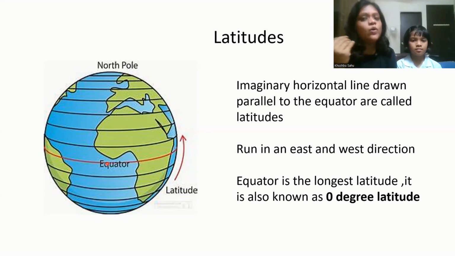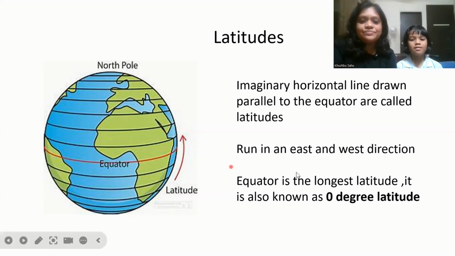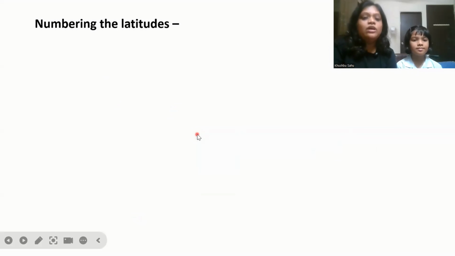Latitudes are horizontal imaginary lines which run parallel to the equator, and the equator is considered the longest latitude. Right or wrong, Advika? It's right. This is because the equator is in the middle of the Earth. Right, and it is considered the longest latitude.